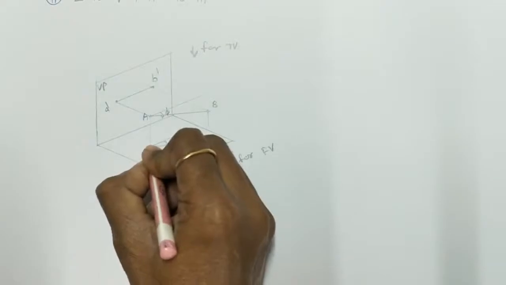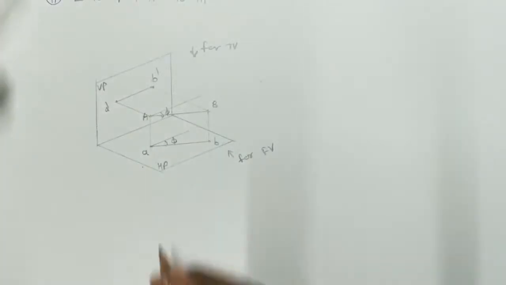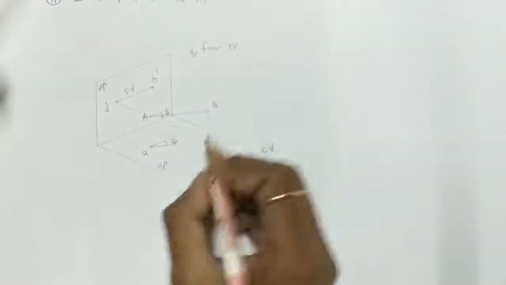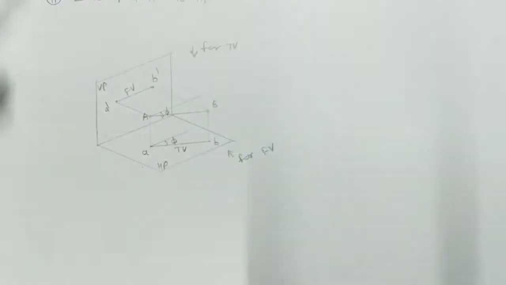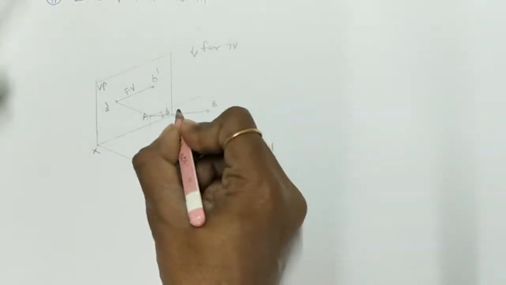So this is the top view having points A and B. This is the front view, this is the top view. This intersection line is X and Y.